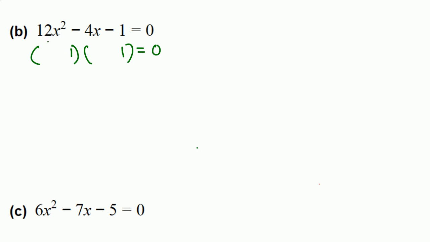We'll take care of that in a moment. Now 12. There are several ways to factor 12. 4 times 3, because we have 1 and 1, is kind of easier to work with. 4 and 3 make 7 or 1, so we have 4 now. It's not going to work.